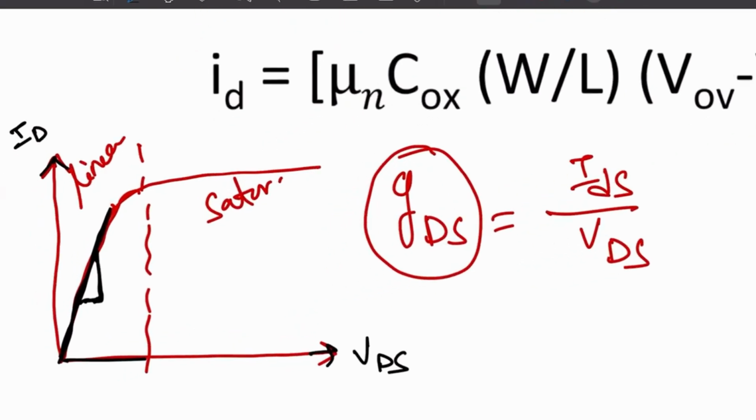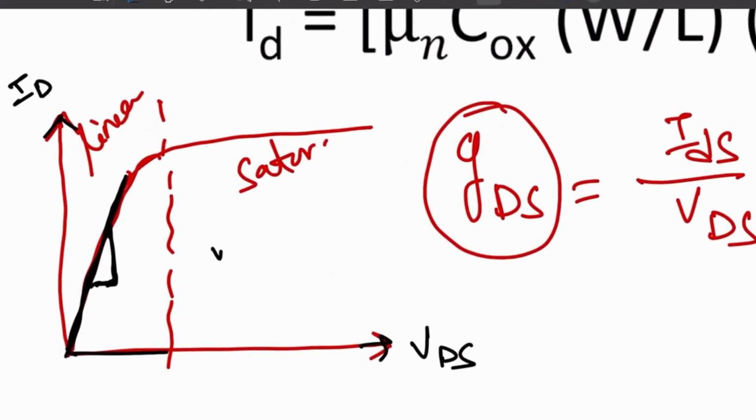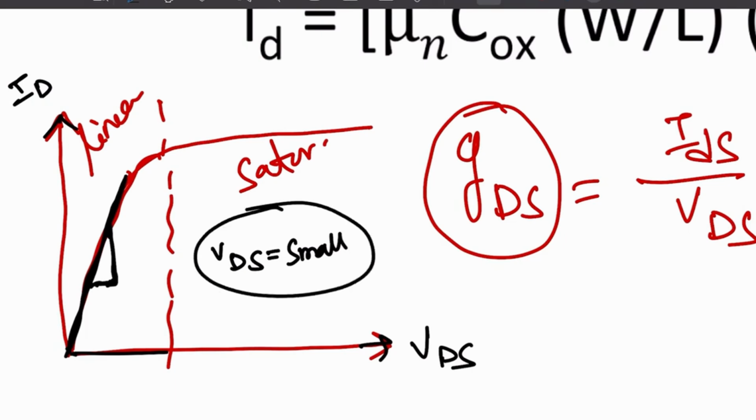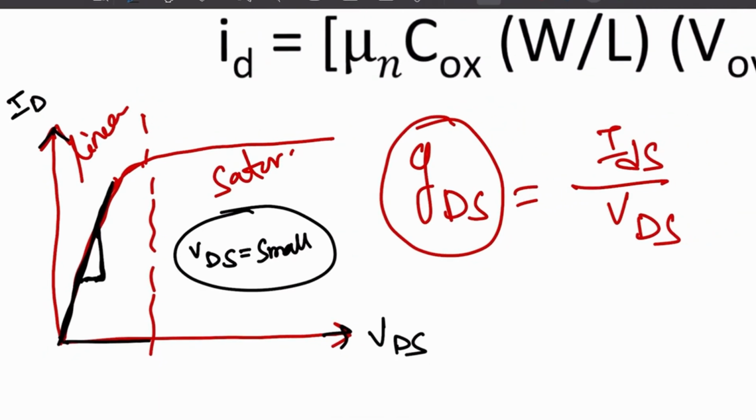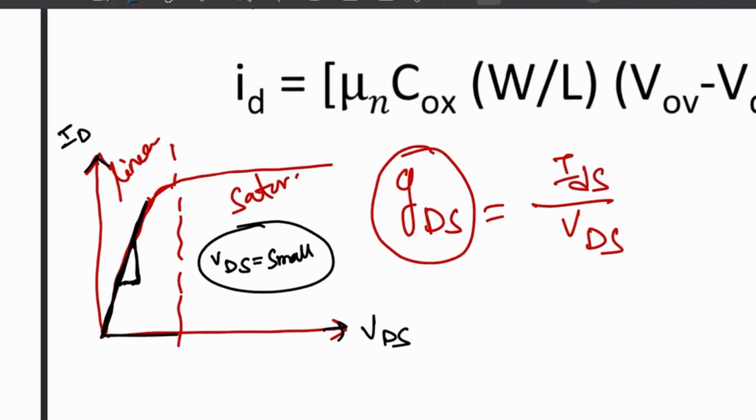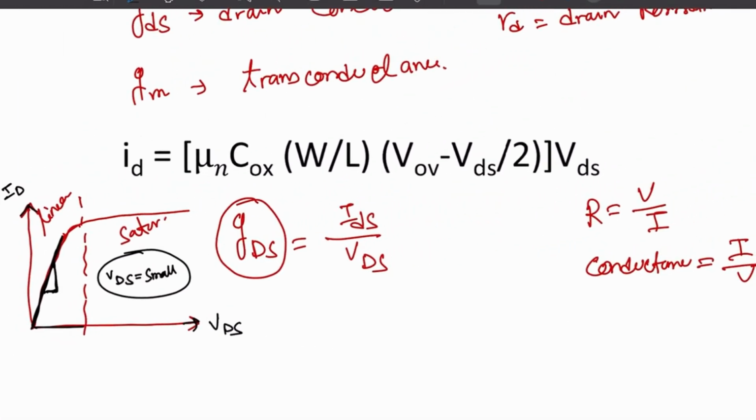And in the linear region, another thing we need to consider is that VDS is small, right? In my first video of the current equation, I already explained how to calculate the current when VDS is small. So now let's derive the value of GDS. As VDS is small, we can neglect this part.